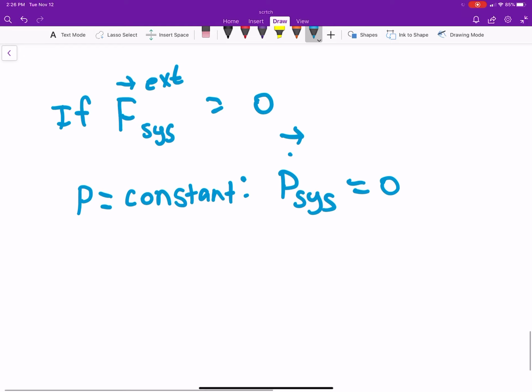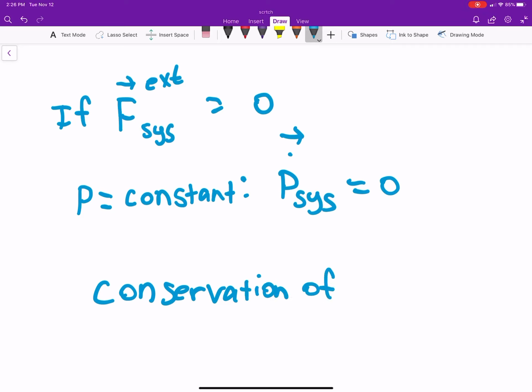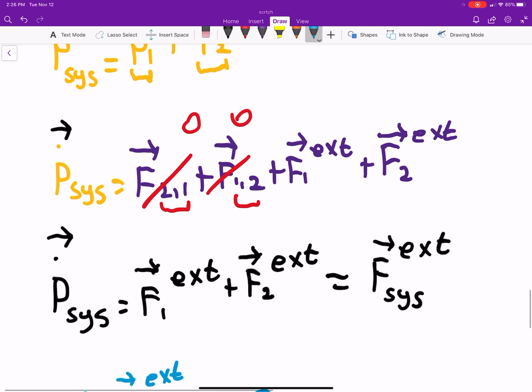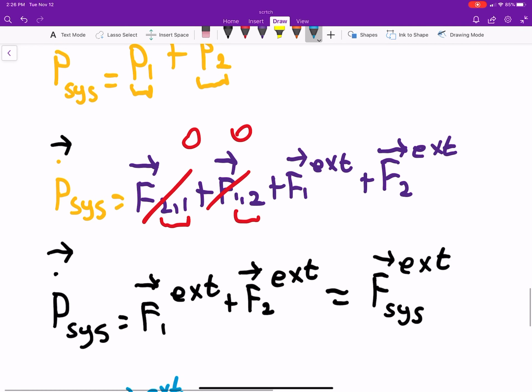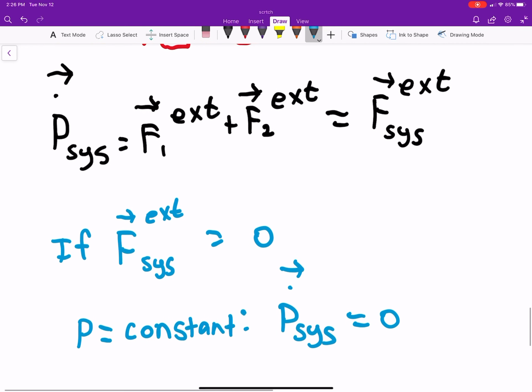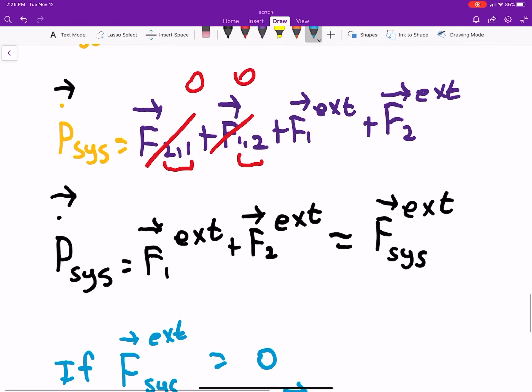And what we just showed is conservation of momentum, which I'm sure you used a lot in Physics 1. And this is another way of looking at it and seeing where it comes from. Hopefully it makes sense now that we talked about Newton's second law being a differential equation, and we can think of it in different ways.